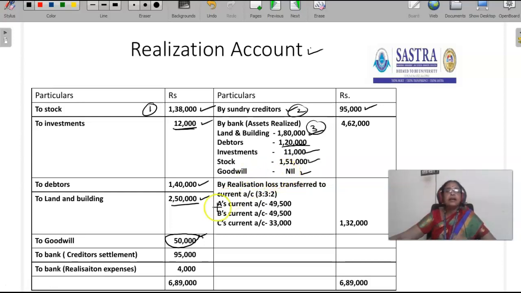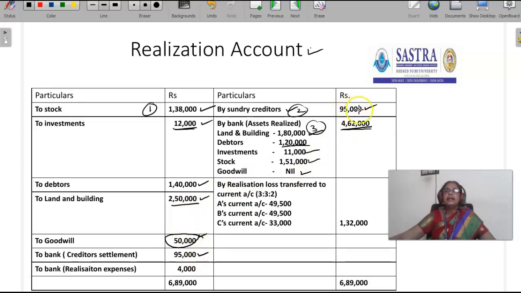They cannot sell the goodwill. So these are all the assets realized. The total amount of assets realized is 4,62,000.